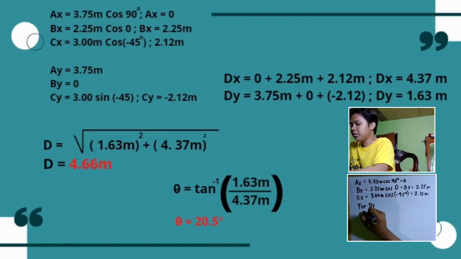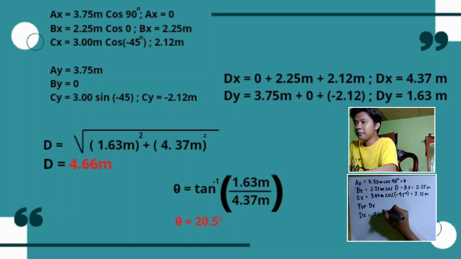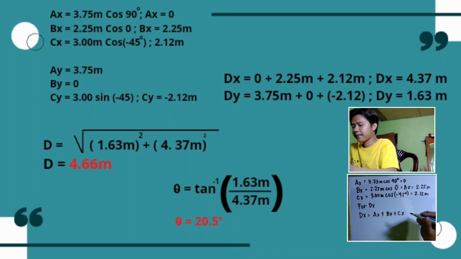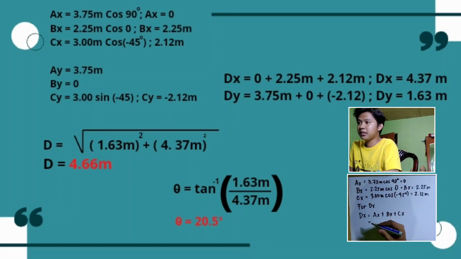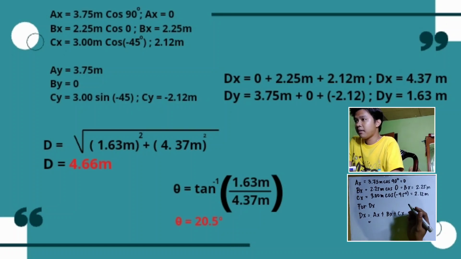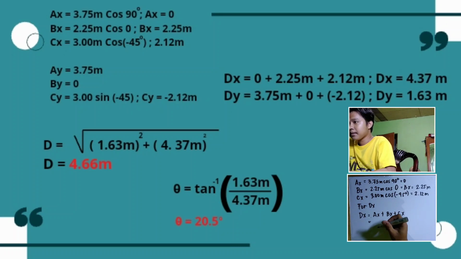So for us to solve d sub x, we just need to add a sub x plus b sub x, then add c sub x. So let's do the math. We just need to substitute the answers for a sub x, b sub x, and c sub x.